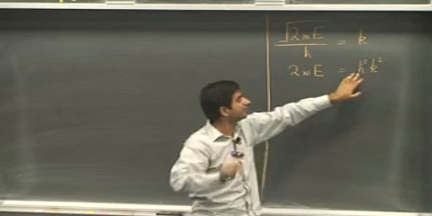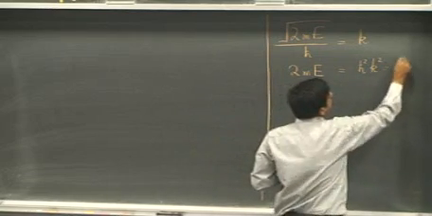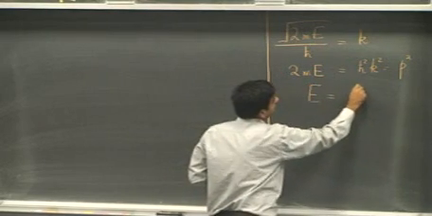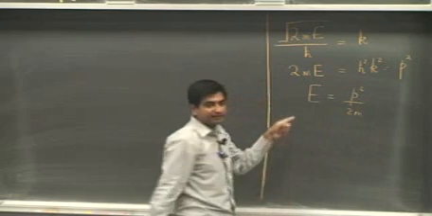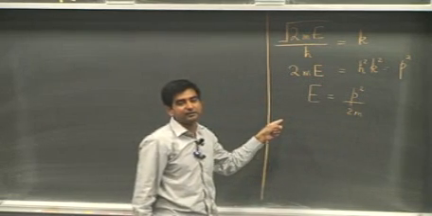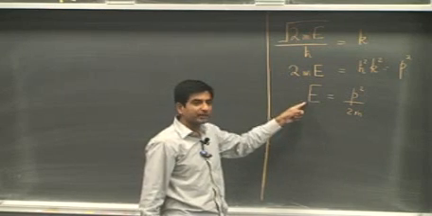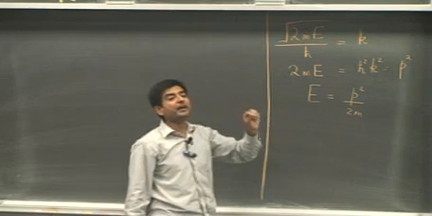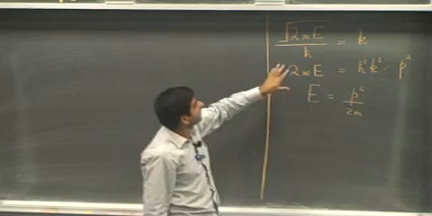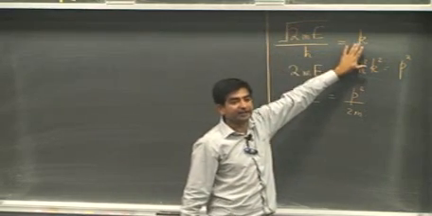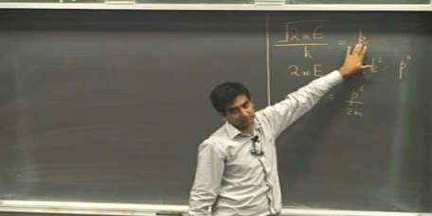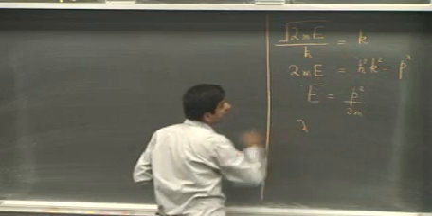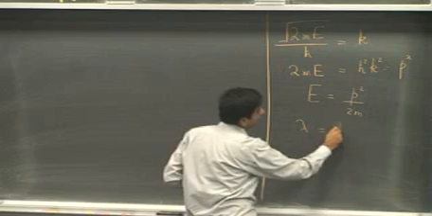So this expression is simply the momentum squared, and the energy we all know very well is p squared over 2m. This is the kinetic energy of a particle which is in non-relativistic motion. This is the total energy as well as the kinetic energy of a particle in non-relativistic conditions. So we are indeed justified in stating that this constant equals k, and k is nothing but the wave number, right? So this k is indeed the wave number, and the wavelength of the matter wave will correspond to 2 pi over k.